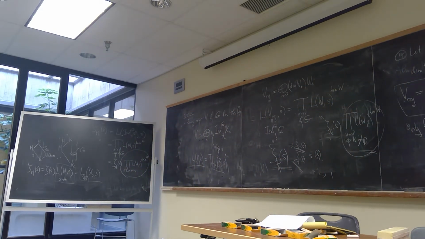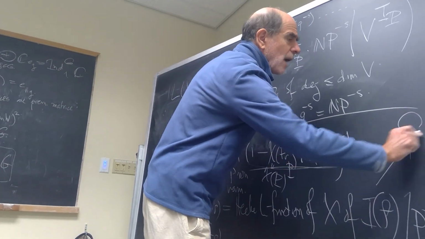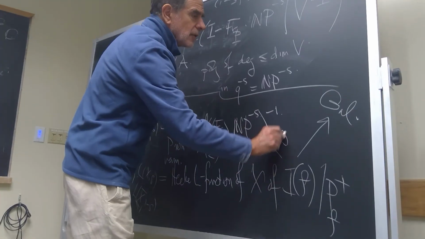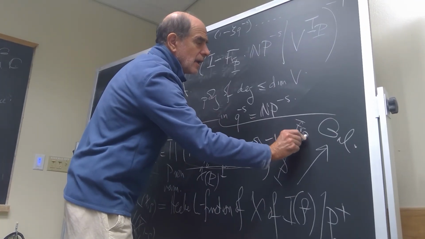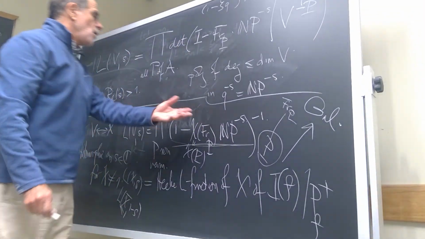You see, for one-dimensional representations, we said, well, we can rewrite this L function using this homomorphism from the ideal group to the Galois group, and that takes the ideal P to the Frobenius at P, and we get a function on the ideals, and that we know how to deal with.